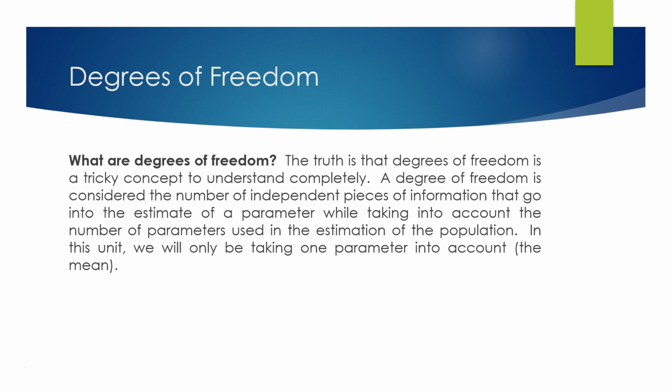So basically we take into account the number of pieces of information we have versus how many parameters we have, and we perform a subtraction of the two. Another way that you can think of this is that if you were to impose some kind of requirement or some kind of stricter criteria onto your data set, you may need to throw out one of your values. But in general, degrees of freedom is just one less than your sample size.